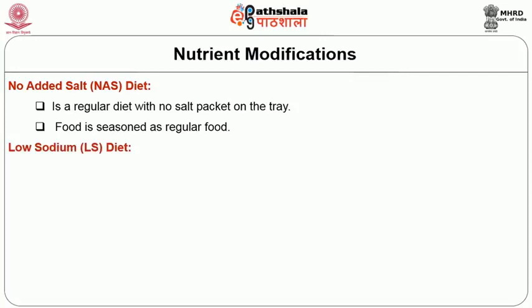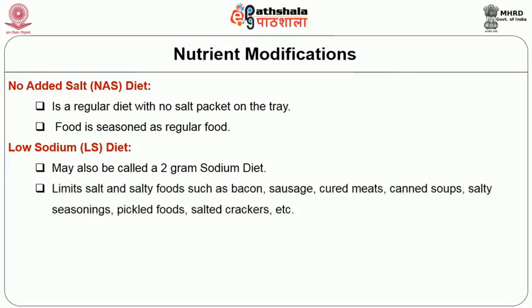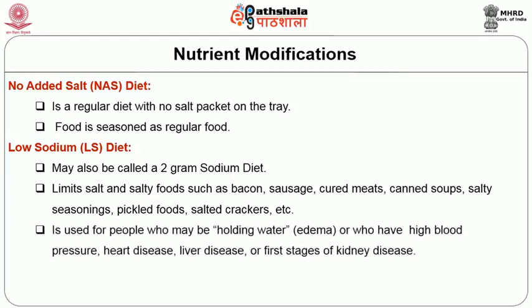The low sodium diet, which is LS, may also be called a 2 gram sodium diet, and it limits salt and salty foods such as processed, preserved foods, salty seasonings, pickles, salted crackers and so on. It is used for people who may be holding water, with edema in the body, and who have high blood pressure, heart diseases, liver disorders or the first stage of kidney diseases, and may usually be prescribed this type of diet, which is the low sodium diet.